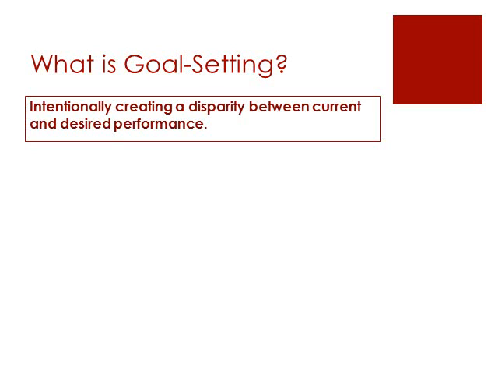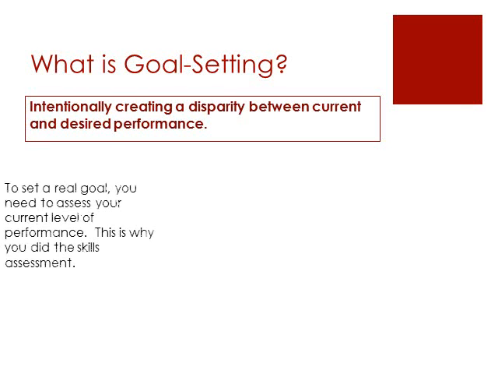And that creates a motivation for you to move from the current state to the desired state. So what you're doing is on purpose making yourself uncomfortable with the current state. In order to set a goal, you have to know what the current level of performance is. Where are you now? This is why you did the skills assessment. So let's look again.